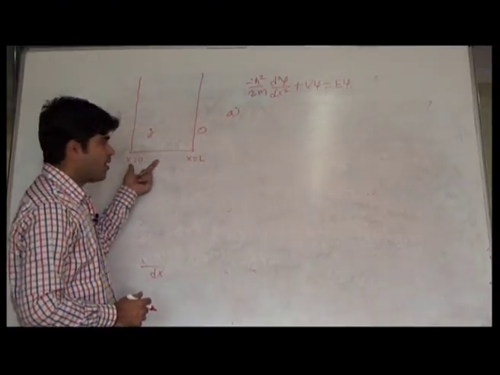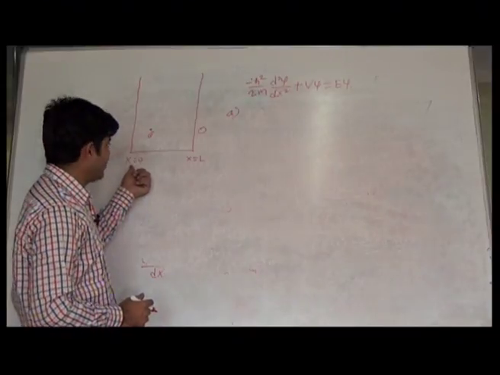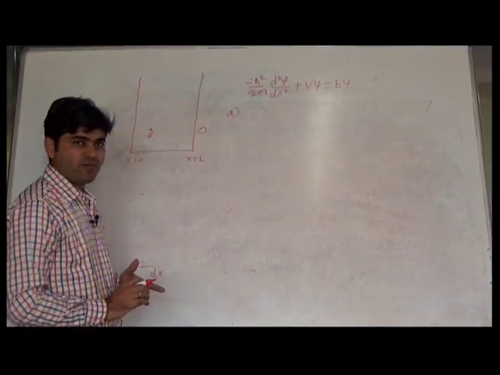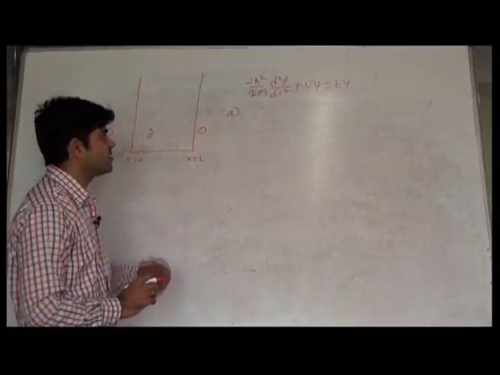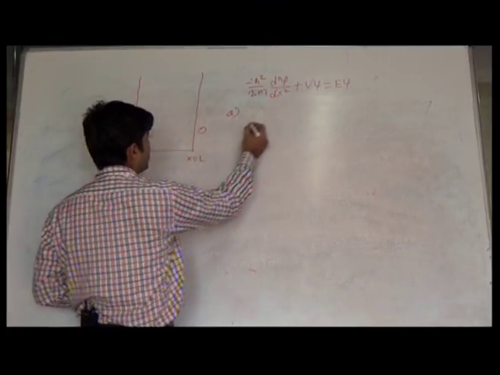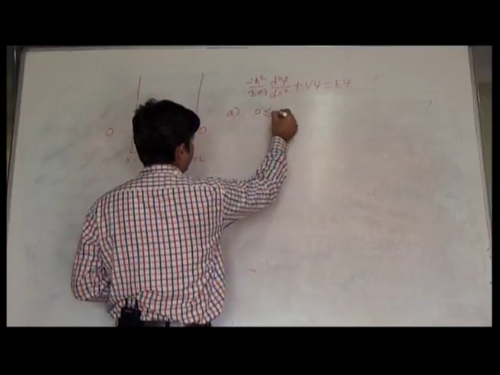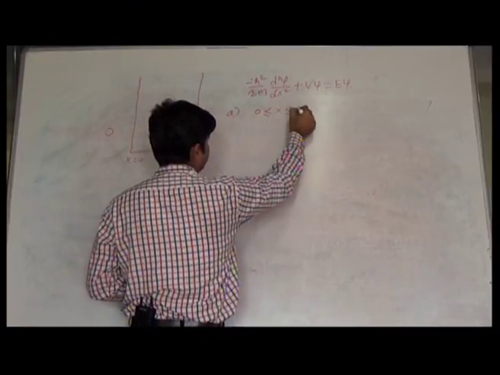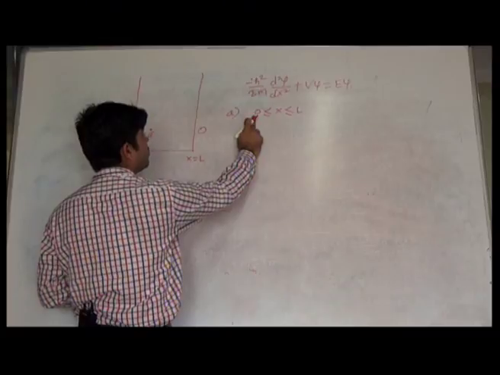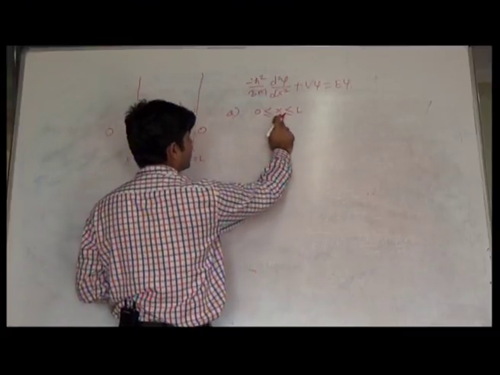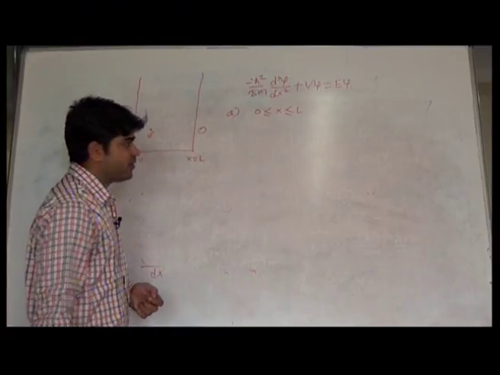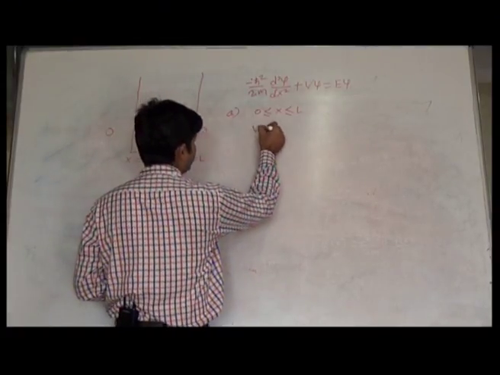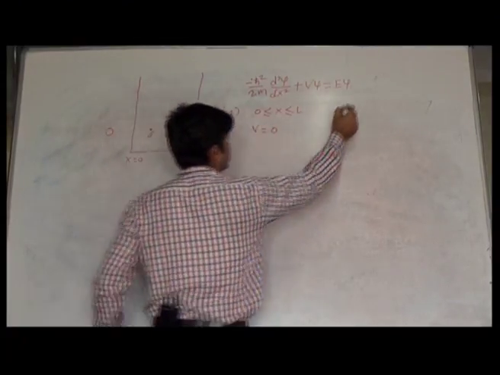So, the first condition is x is equal to or greater than 0 and x is less than or equal to L. In between this range the value of potential energy V is equal to 0.